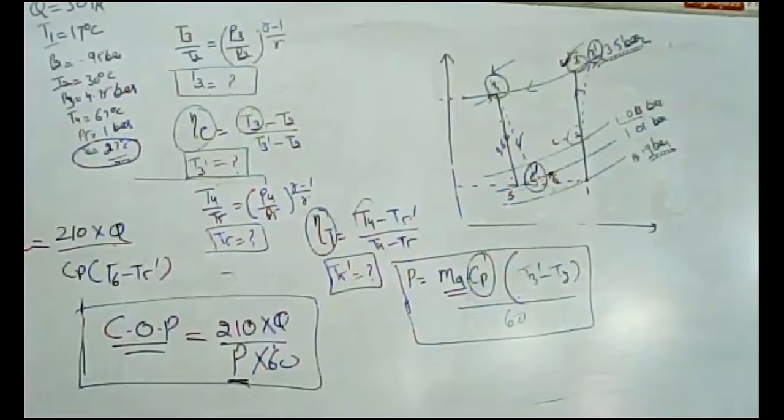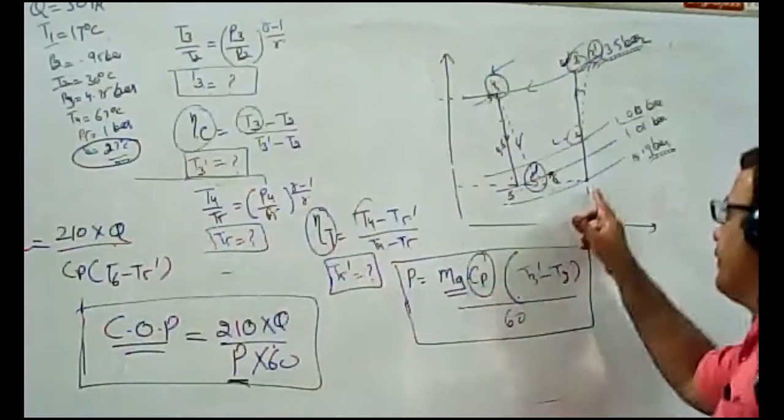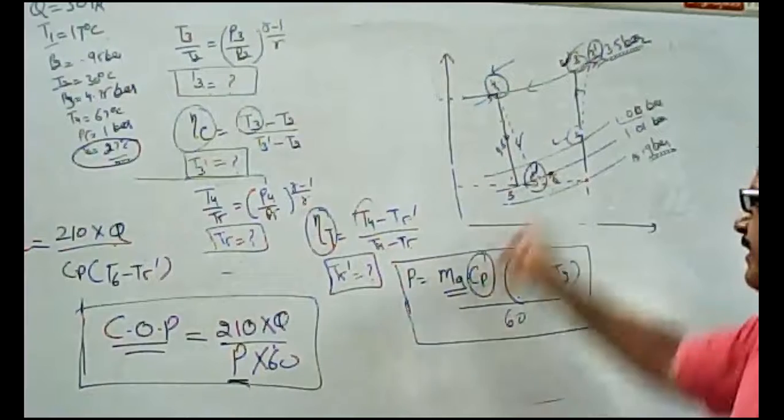So this is the method of how to calculate the numerical. So what will be the procedure? First you have to find out all the temperatures: T1, T2, T3, T4, T5 and T6.